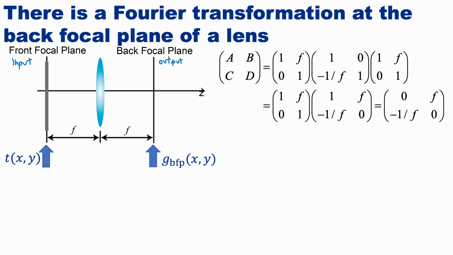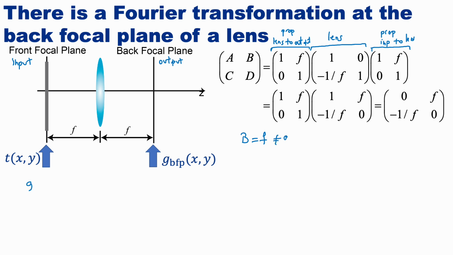And if you remember, when we do the ABCD matrix, we always start from the back, like the last matrix is gonna be the first one, so this is gonna be the propagation from the input to the lens. This is gonna be my lens. And my first matrix is gonna be my propagation from the lens to the output. So when we solve it, we see that B is equal to f, so that's gonna be different than 0.